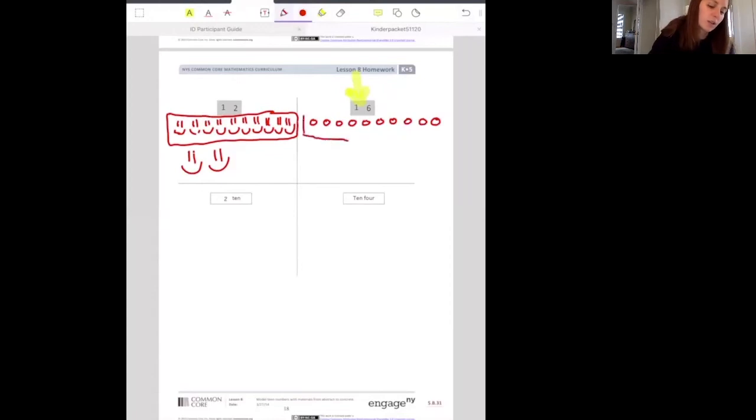Put your rectangle around there so you know it's a whole group of 10. And then how many ones does it have? Look over there. 6. So draw 6 more circles. 1, 2, 3, 4, 5, 6.